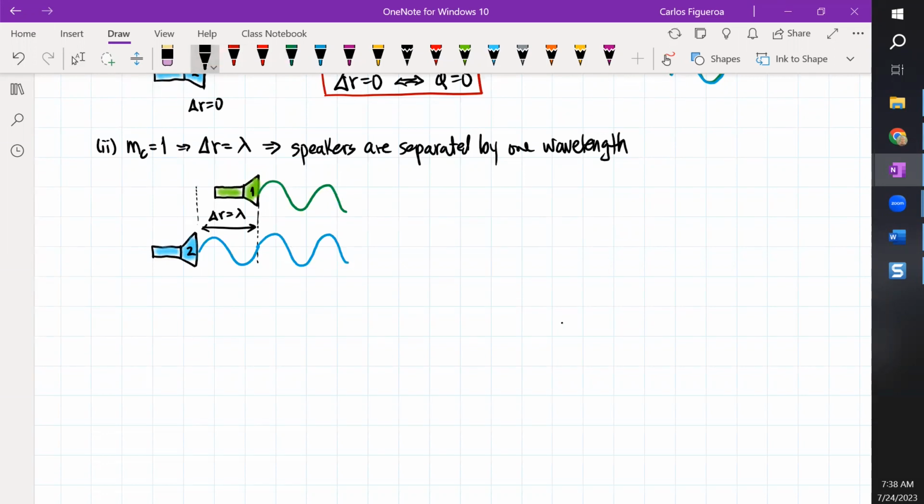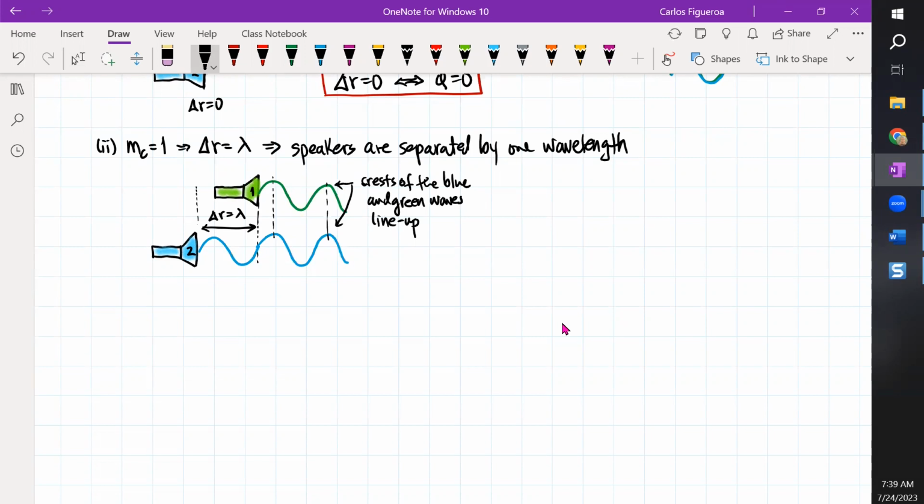Okay, so what I'm really saying is that if I look at these 2 points, the crests of the blue and green waves line up.